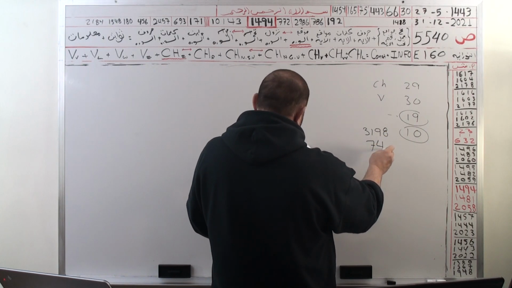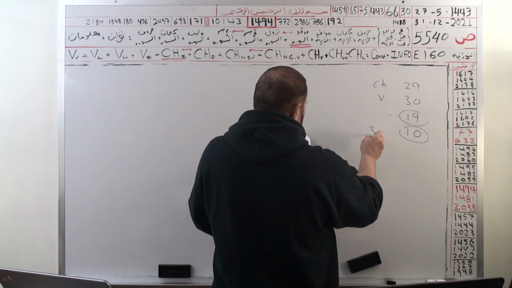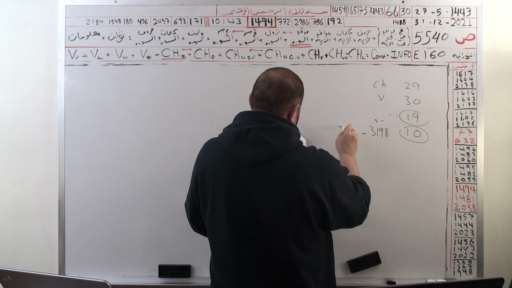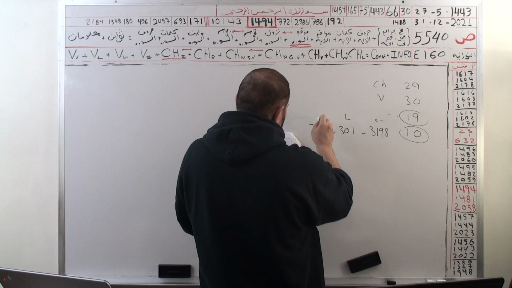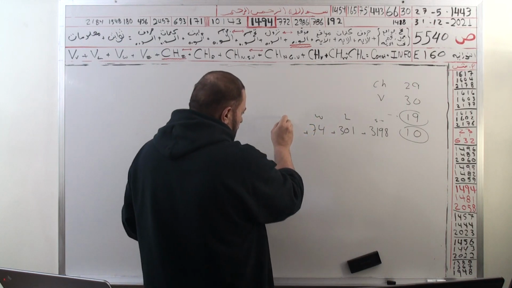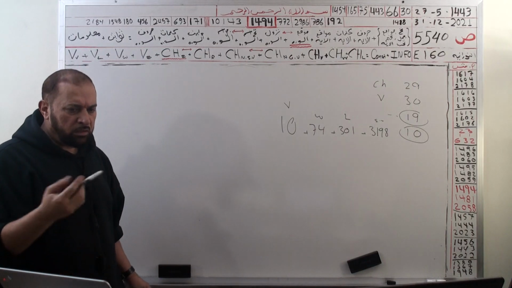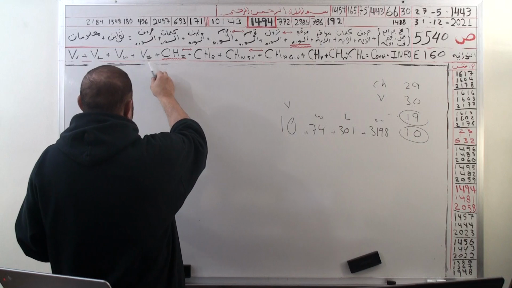I'm sorry, let me put them straight here. 3198 serial value. These contain 301 letters. They are 74 words. And 10 for verses. Why? Because all of them carry number 1, and there are 10 of them. That means we have 10 for the number of verses here.